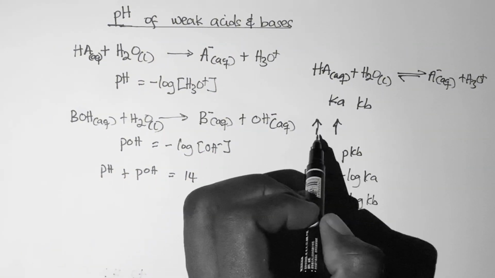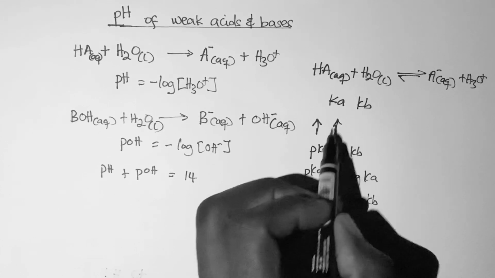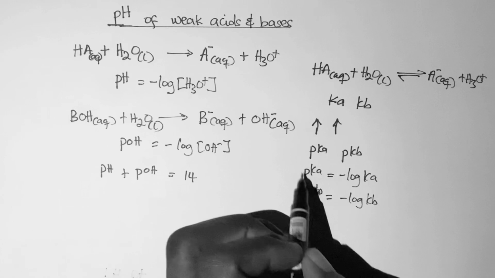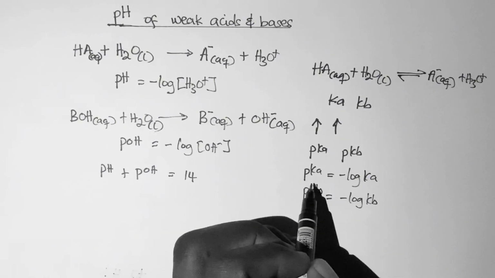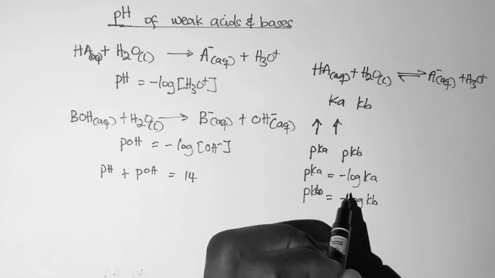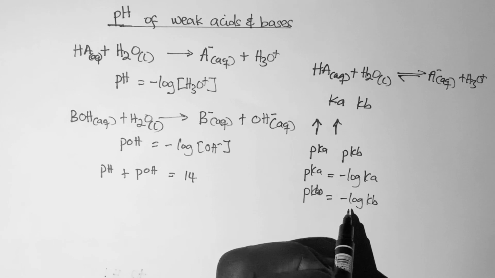Whilst the strength of an acid increases with an increasing Ka, or the strength of a base increases with an increasing Kb, on the contrary, the strength of an acid decreases with an increasing pKa, and the strength of a base decreases with an increasing pKb.